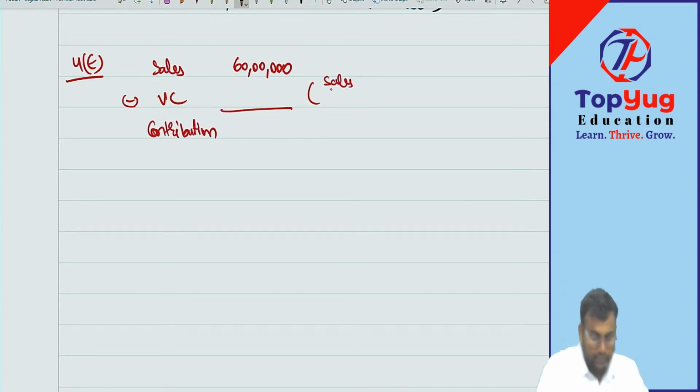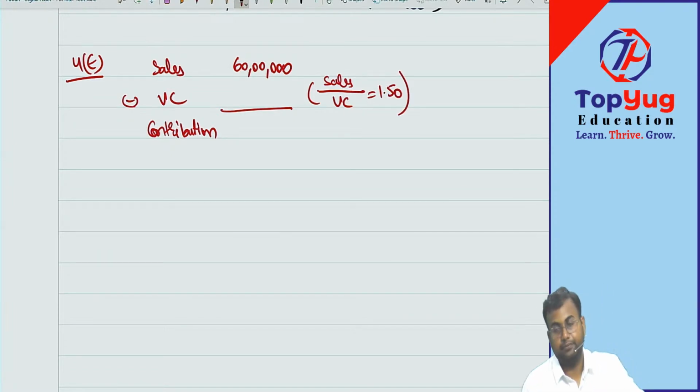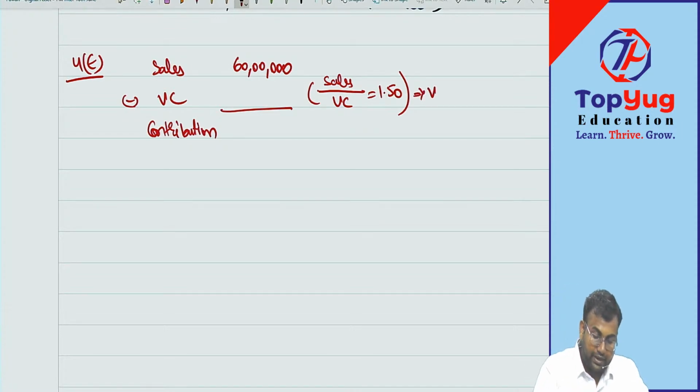That sales by variable cost is 150%, that is 1.5, then variable cost would be equal to sales by 1.5, so that is 60 lakhs by 1.5, that is 40 lakhs.